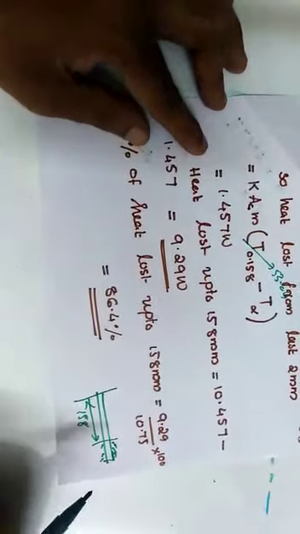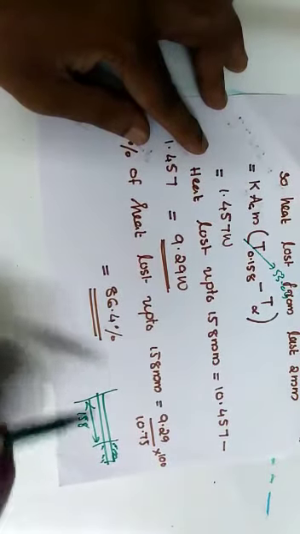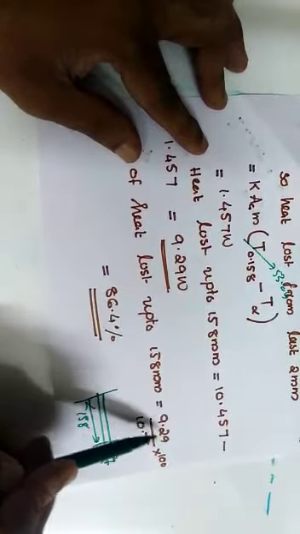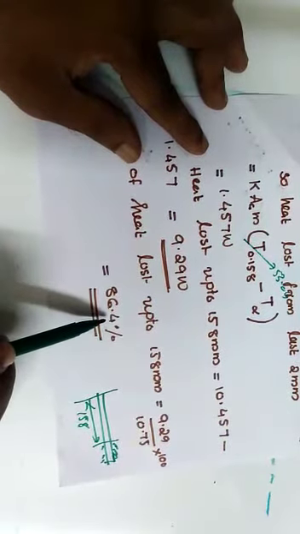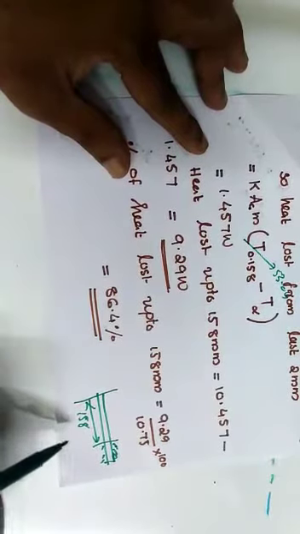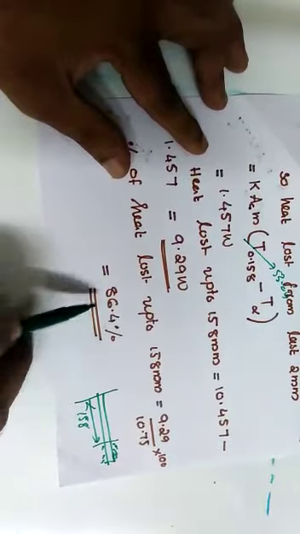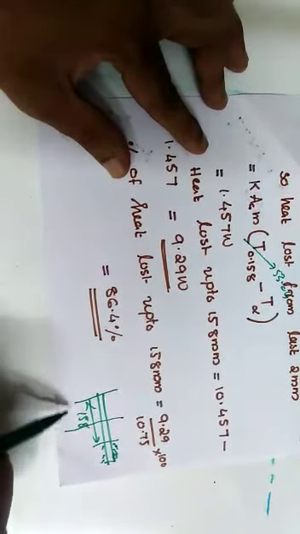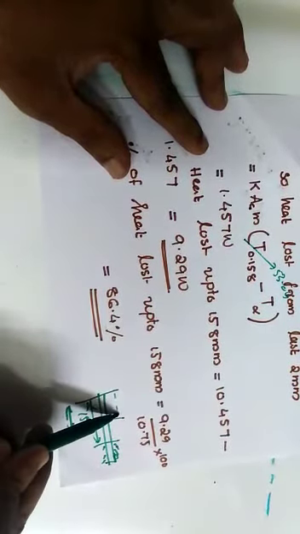So when you take the percentage of heat lost up to 158 mm, it is 9.29 divided by 10.75 into 100, that is 86.4%. Here what you have to note is the percentage of heat lost up to 158 mm is 86.4%, whereas up to the 80 mm the percentage of heat lost is around 63%.